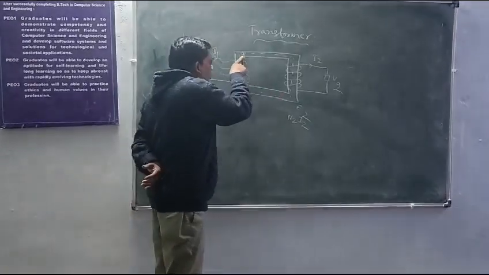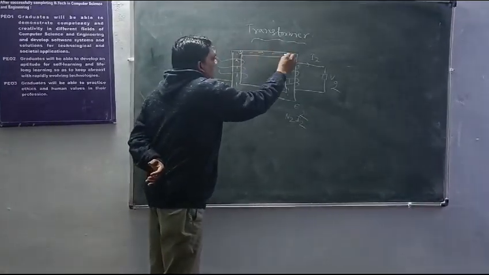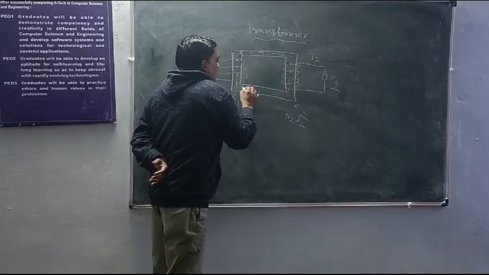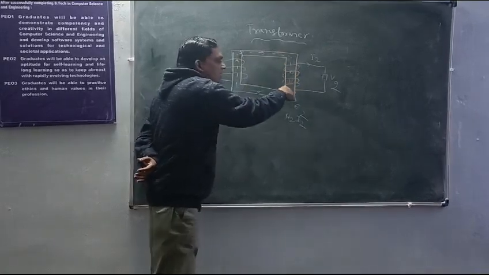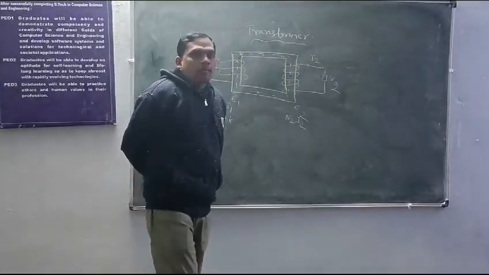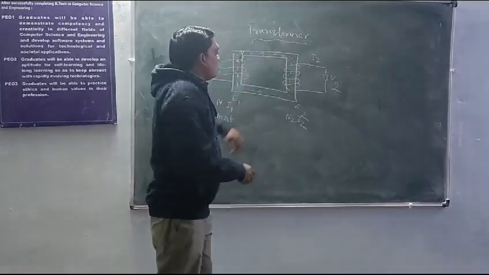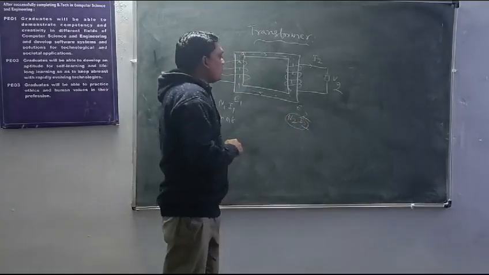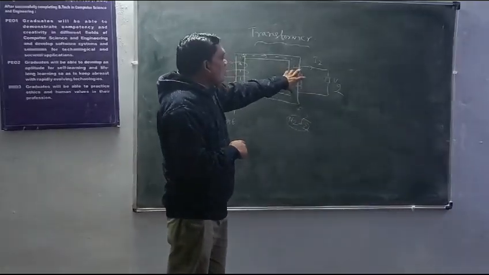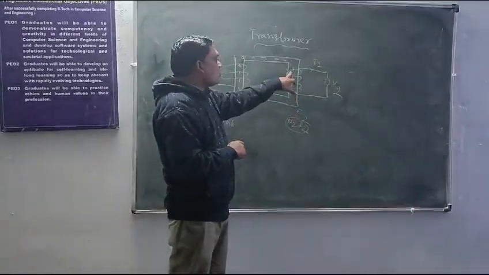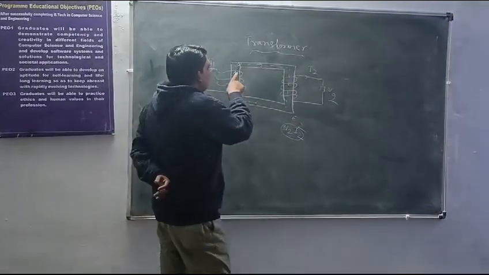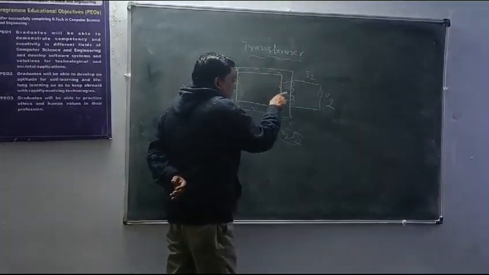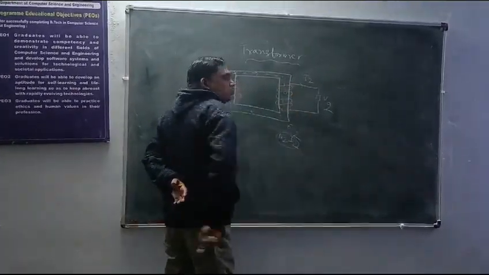And this flux links the secondary winding, where there are N2 turns, the number of turns at the secondary side. Due to this linkage of flux, a current I2 will be produced.